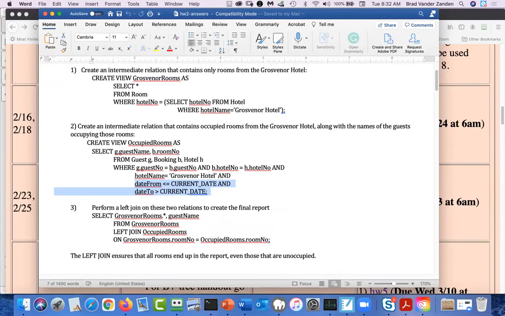Many of you wrote greater than or equal to the current date, but that is not correct, because I had said that the day you check out is not considered to be a day that you are occupying the hotel room.